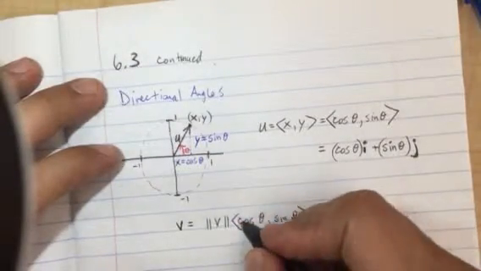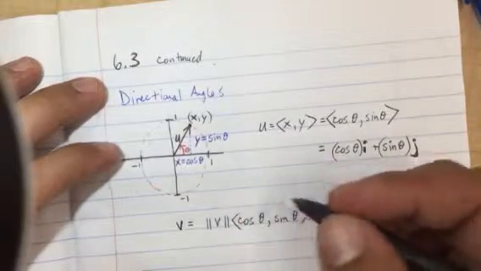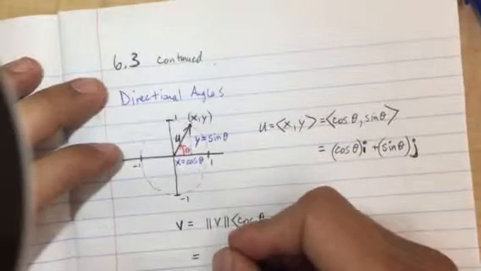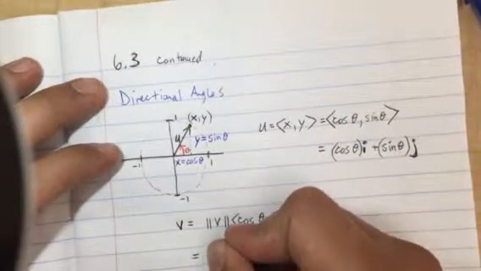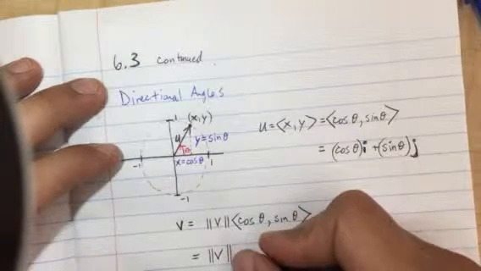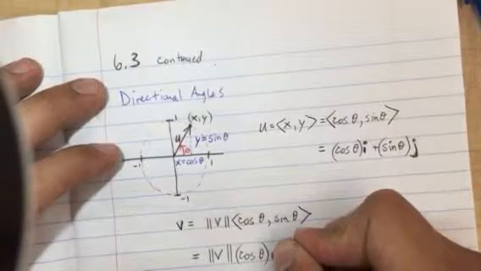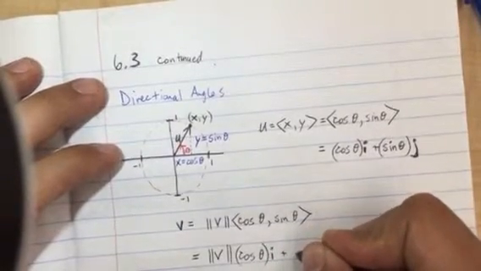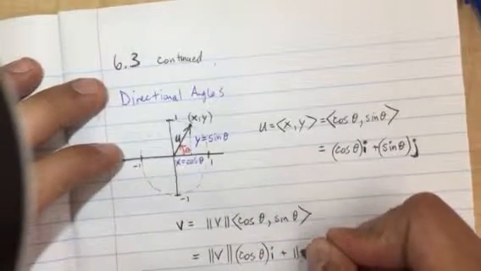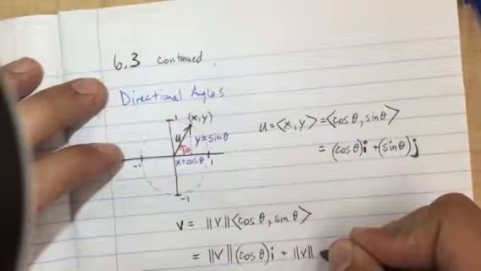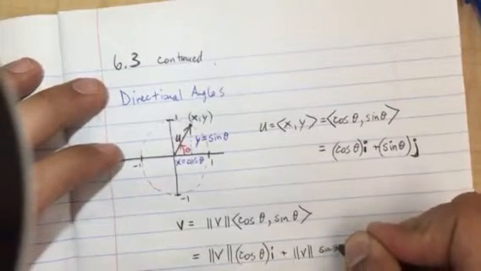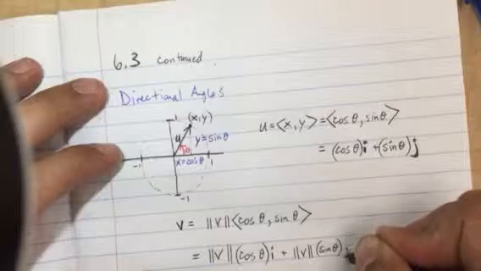So we're going to pretty much use this to write vectors. So this is equal to the magnitude of v times cosine theta i plus the magnitude of v times sine of theta j.